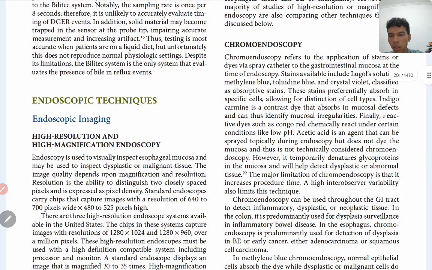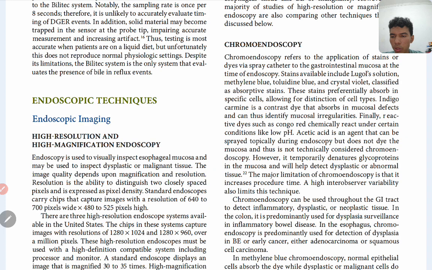Endoscopic technique. Endoscopic imaging. High resolution and high magnification endoscopy. Endoscopy is used to visually inspect esophageal mucosa and may be used to inspect dysplastic or malignant tissue. The image quality depends upon magnification and resolution. Resolution is the ability to distinguish two closely spaced pixels and is expressed as pixel density.